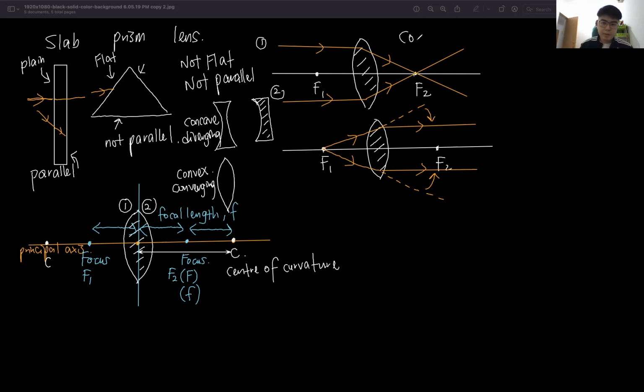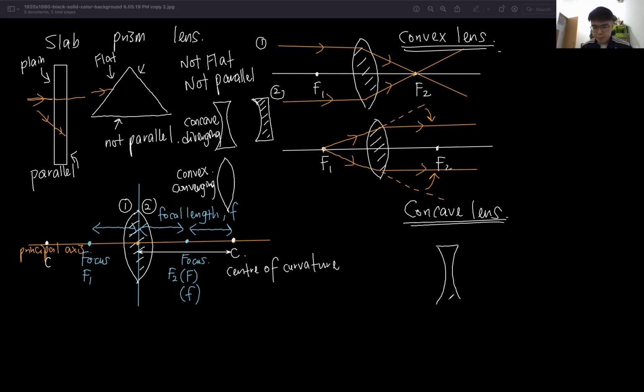Let me write this here, convex lens. Okay, so for a concave lens, again, we have two focal points, F1, F2. When you have a parallel incoming ray pass through the concave lens, how does it behave? Does it cross the focal point? No, because that would be convex.